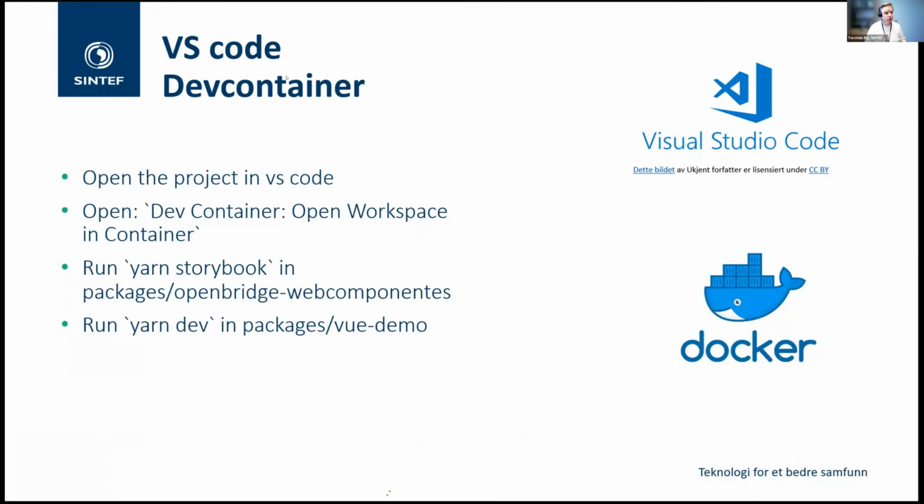Then you're running your IDE inside a Docker container, which includes Node installation and plugins. So by opening the project through this command here, you have everything installed. Then you can just run yarn storybook in this package, OpenBridge Web Components, and yarn dev in the Vue demo package.